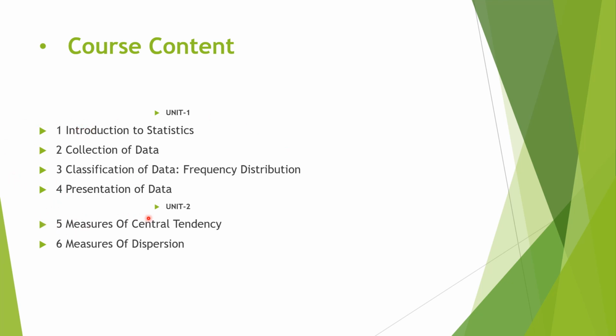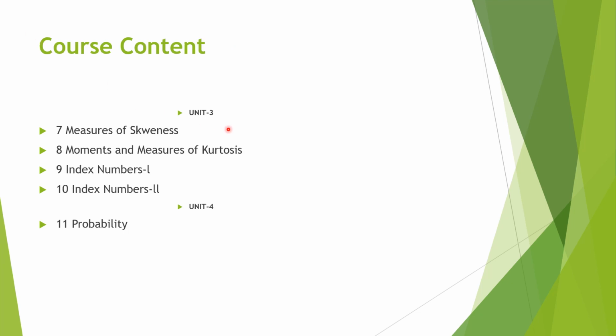Next is our unit 2. Under unit 2 we have total 2 chapters. First is measures of central tendency and next is measures of dispersion. Now moving to unit number 3. Under unit 3 we have total 4 chapters. First one is measures of skewness, second is moments and measures of kurtosis, next is index numbers, index number 1, and last is index number 2.